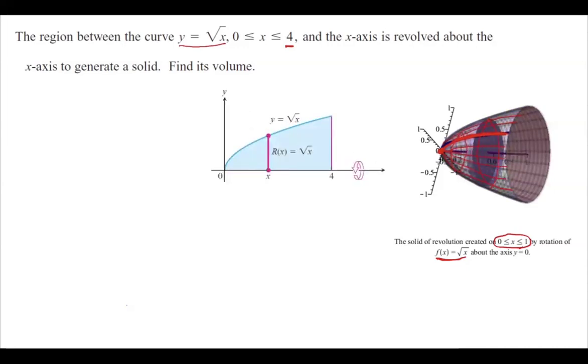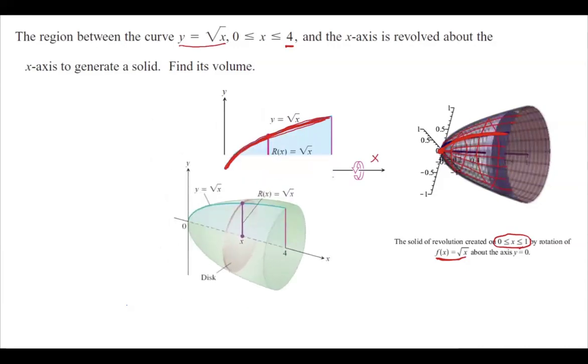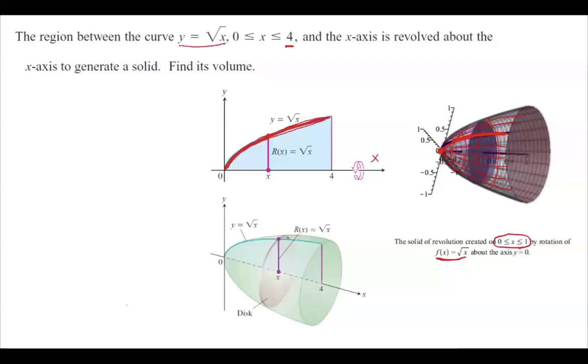So basically, you are taking y equals square root of x, this curve, and rotating it about the x-axis. The cross-section is this circular object, or the disk that you see here, but this disk is just a random cross-section. It starts from the origin and moves to the right-hand side.